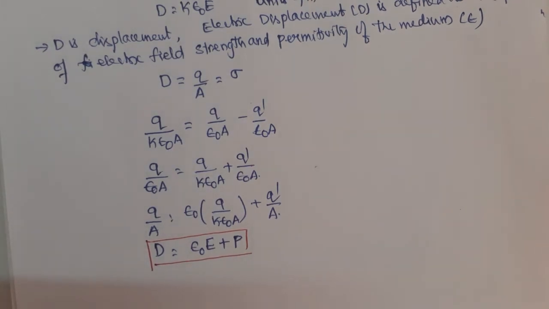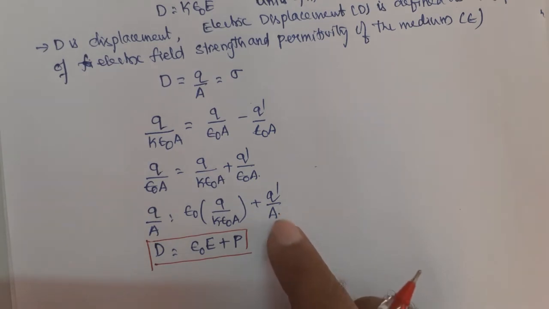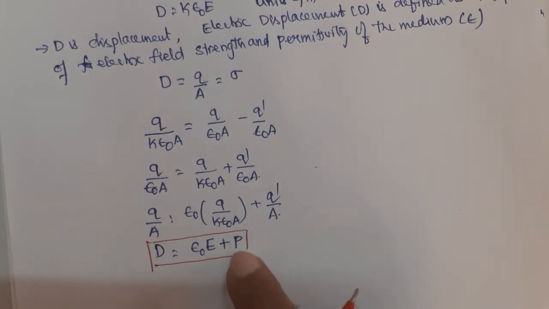And here you should remember one more definition of polarization. The induced surface charge density, or induced charge per unit area, is again called the polarization.